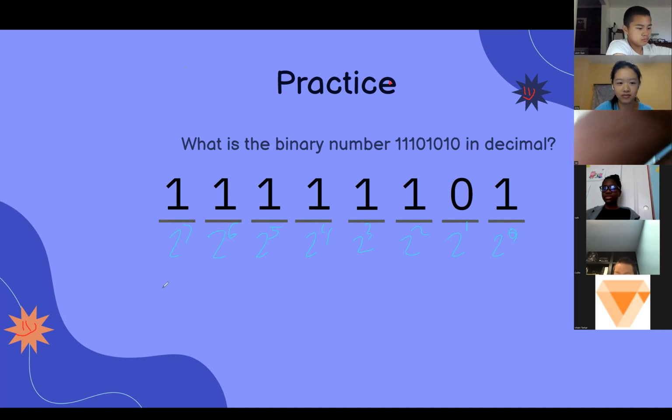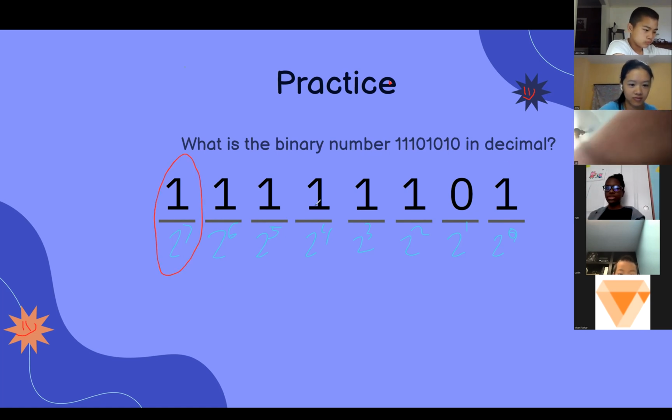Okay, so we're getting some different answers. First you would go to the highest place value with a 1, which is 2 to the 7th. So it was 1 times 2 to the 7th, which is 128.